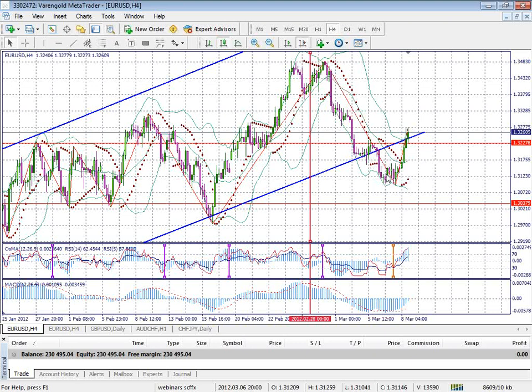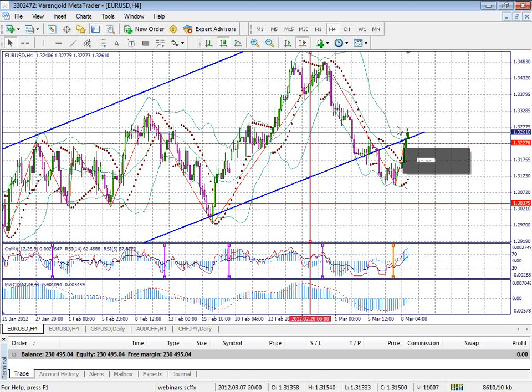It will go and test the trend line again. As I told you yesterday, I was in one buy, and I closed the position today after the channel was tested, because every time a trend line is tested, there is the possibility of a reversal.